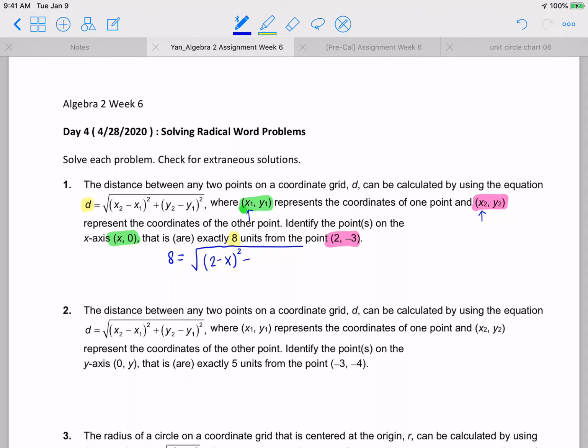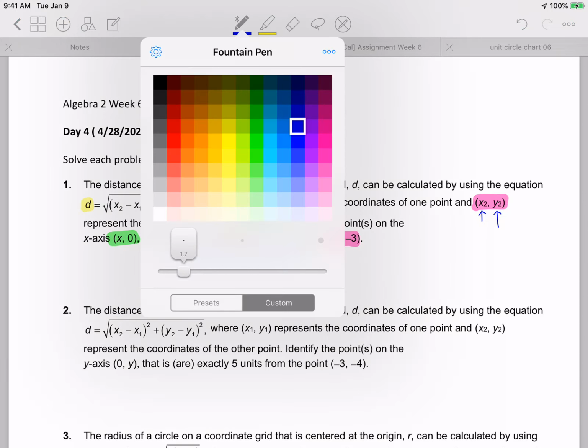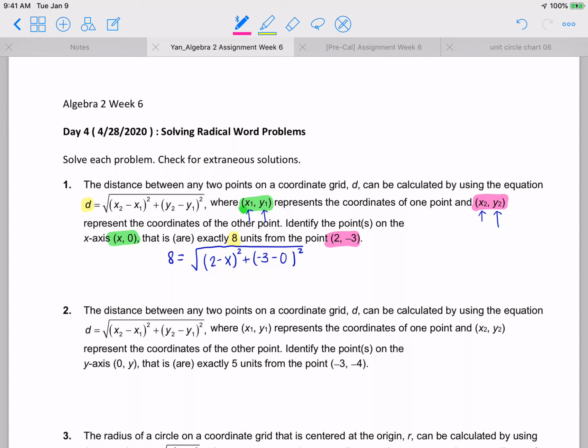Then we're going to keep adding now the y's, and then we square it. So we're looking at y2 and y1, which are the last numbers, which is -3 minus 0. If you start out with x minus 2, then you have to do 0 minus -3. Got to follow the subtractions.